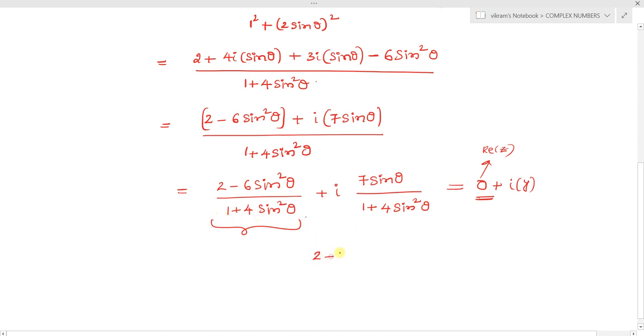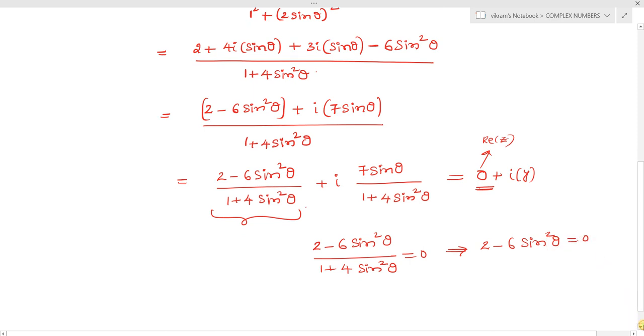That means (2 minus 6 sine square theta) by (1 plus 4 sine square theta) equals 0, which implies 2 minus 6 sine square theta equals 0.